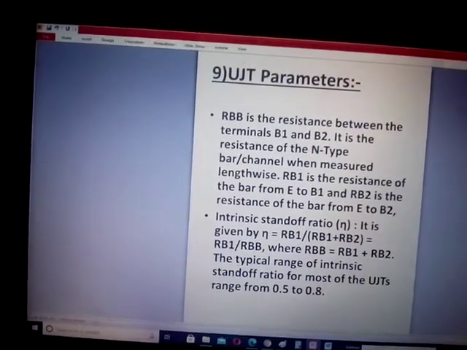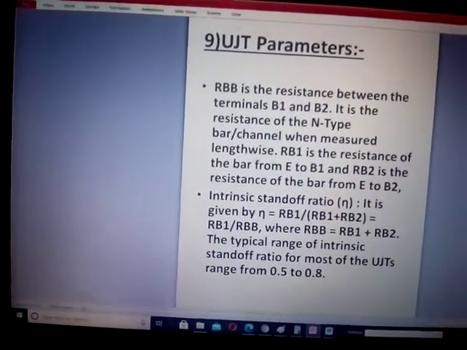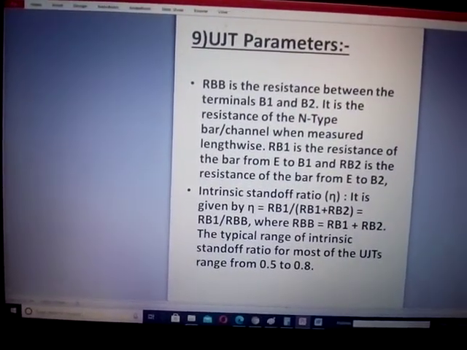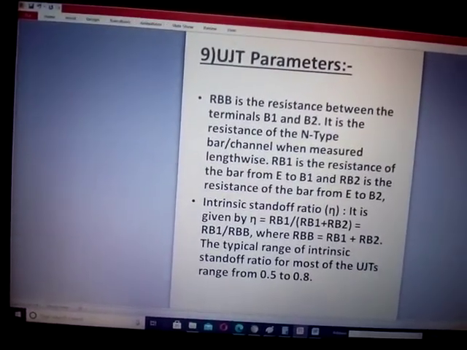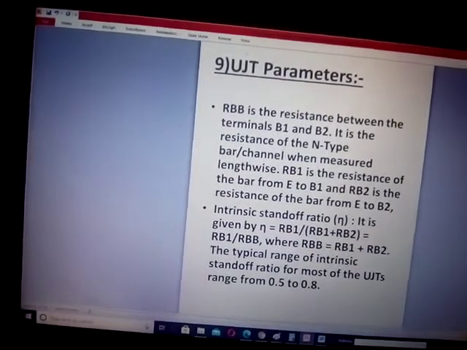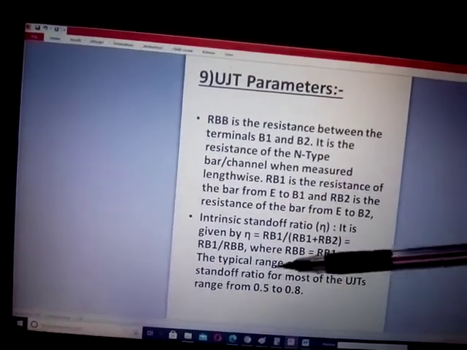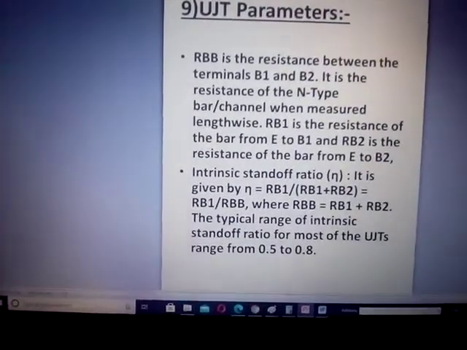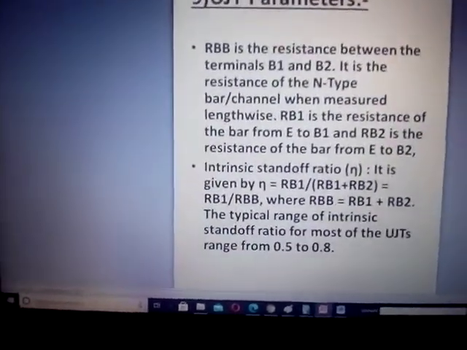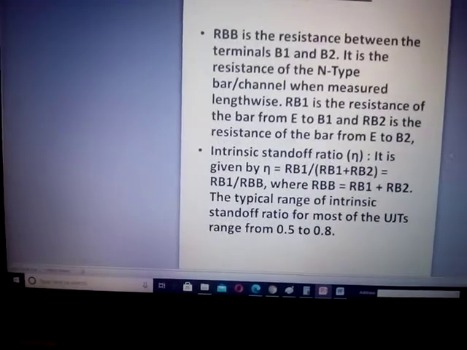UJT parameters: the first point is already said. Second point, you have what is called eta, or intrinsic standoff ratio. Intrinsic standoff ratio is the ratio of the lower part to the whole part.